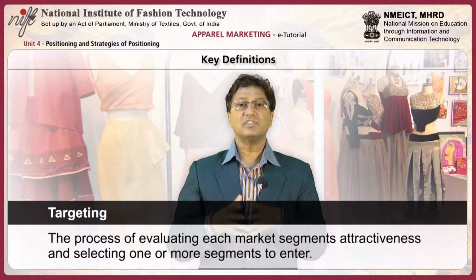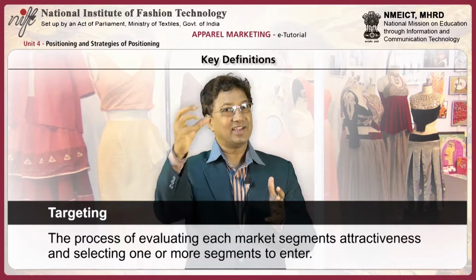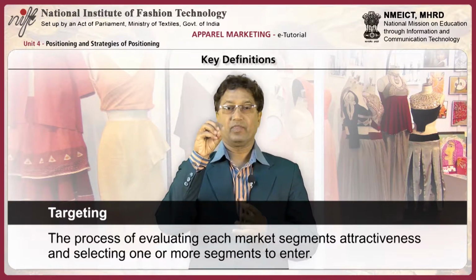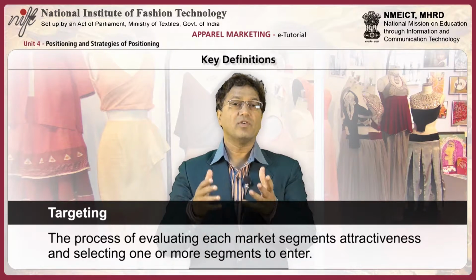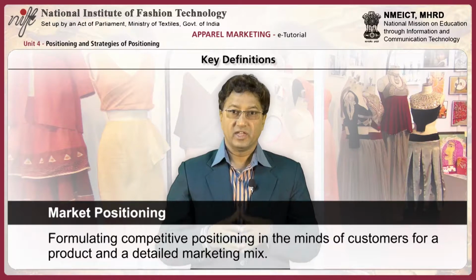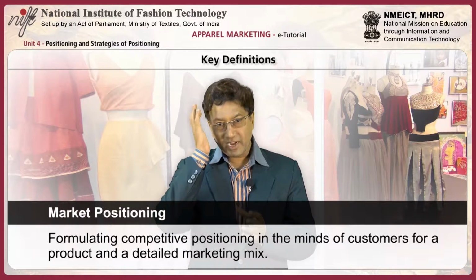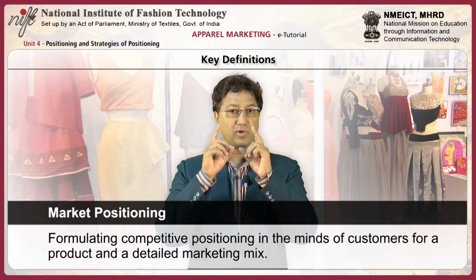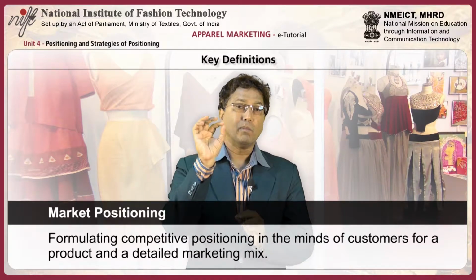Targeting is the process of evaluating each market segment's attractiveness and selecting one or more segments to enter or offer a product. Then what's market positioning? Market positioning is formulating competitive positioning in the minds of customers for a share of the wallet, for a product, and developing a detailed marketing mix.